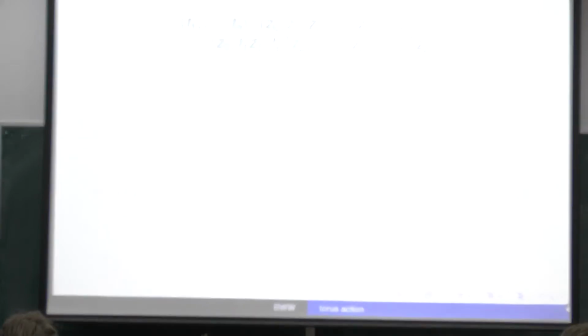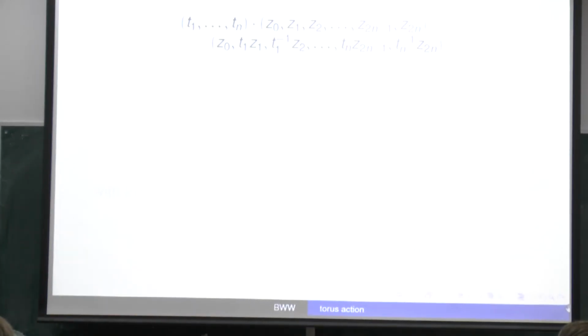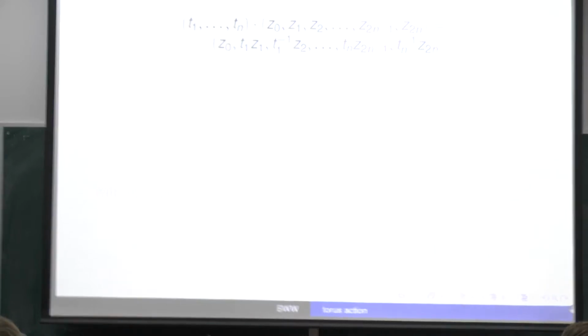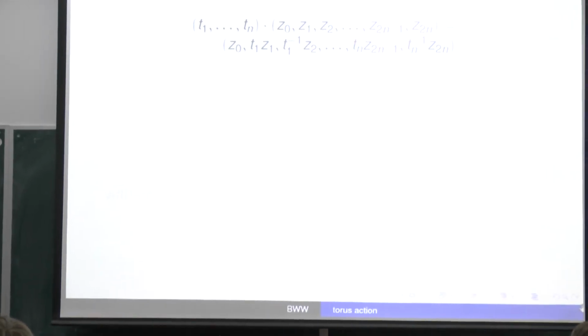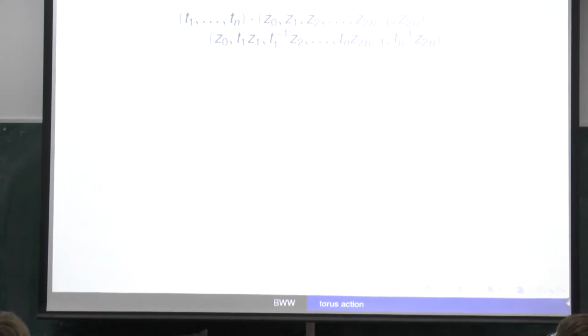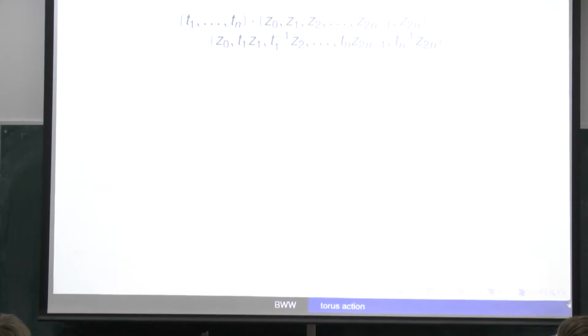Okay, let's do the examples, because this is exactly the point when everyone thinks, okay, what am I doing here. Let's take the first variety which is not a toric variety, which is the quadric, right?